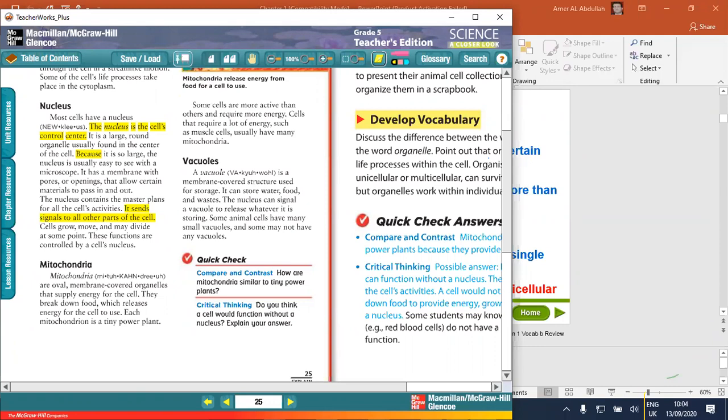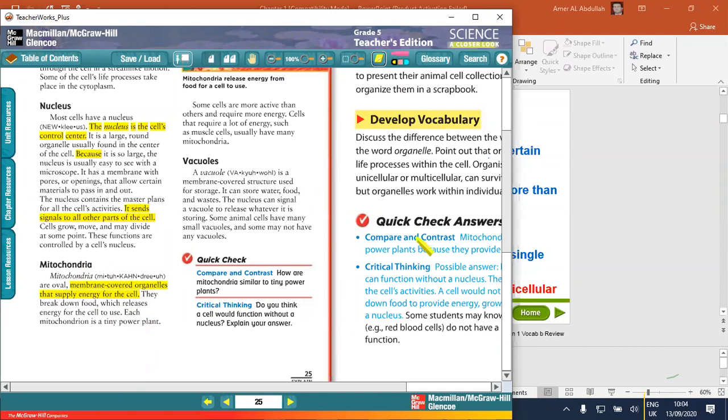Mazen, like Mazen, the cells. Mitochondria. Mitochondria are oval, membrane-covered organelles that supply energy for the cell. They break down food, which releases energy for the cell to use.